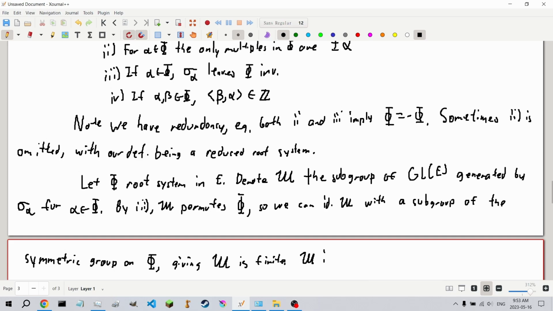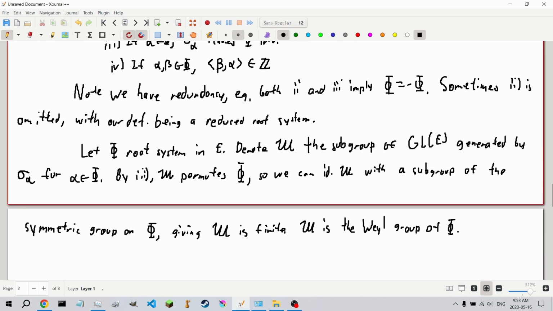This W is called the Weyl group of our root system, and this will be very important later on.